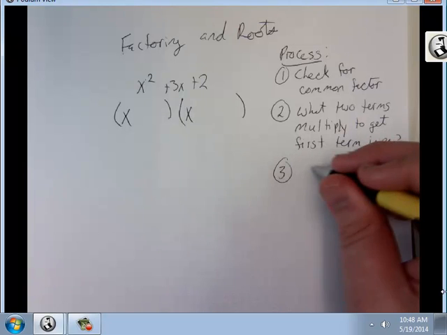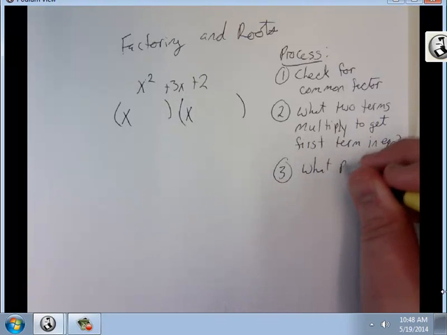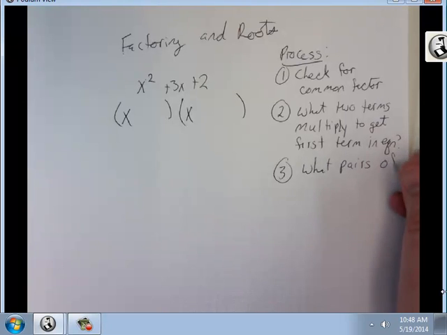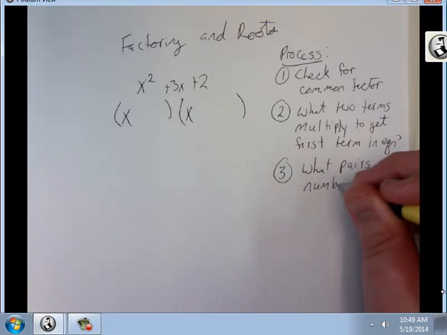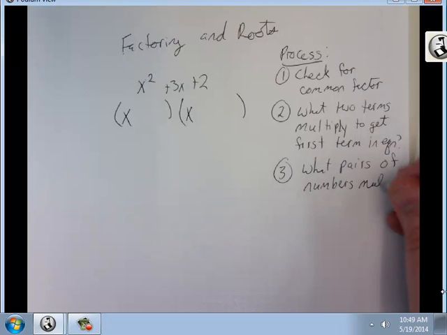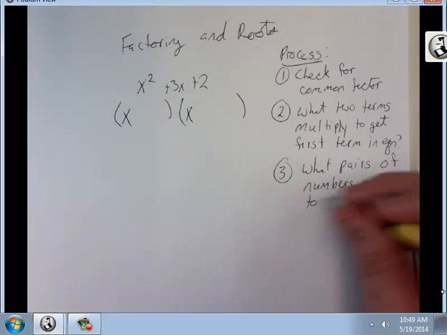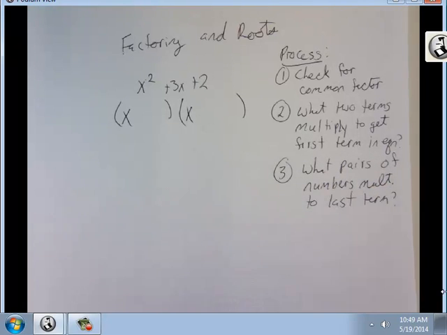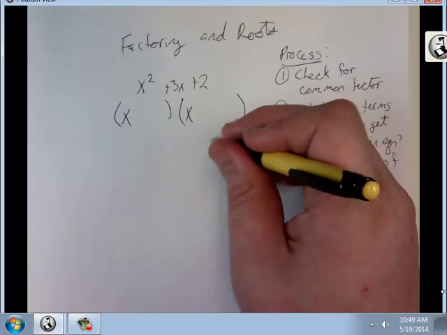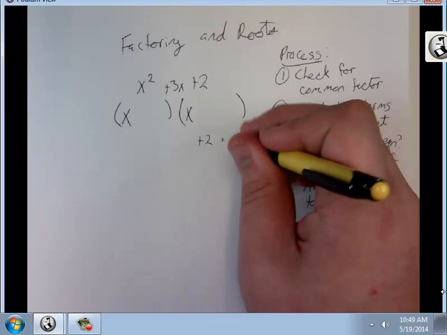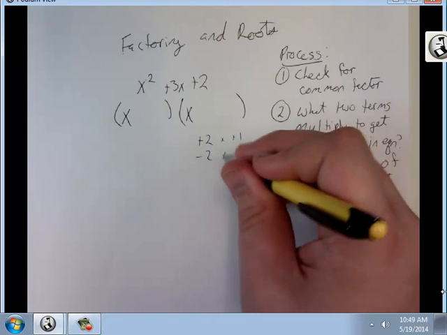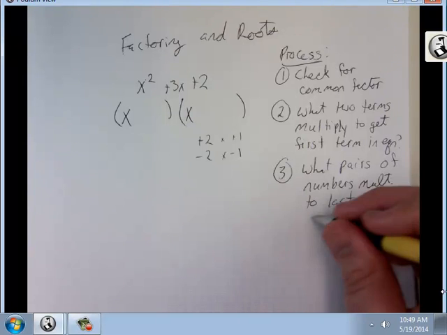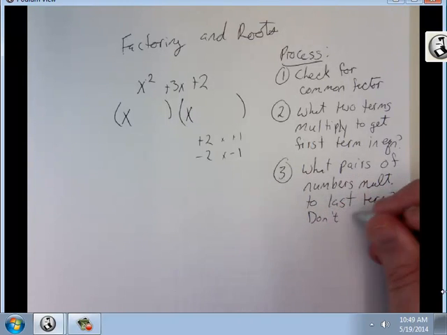Three, what pairs of numbers multiply to the last term? Well, the only things that multiply to get 2 are 2 and 1, so it could be either plus 2 times plus 1 or minus 2 times minus 1. Don't forget the negatives.